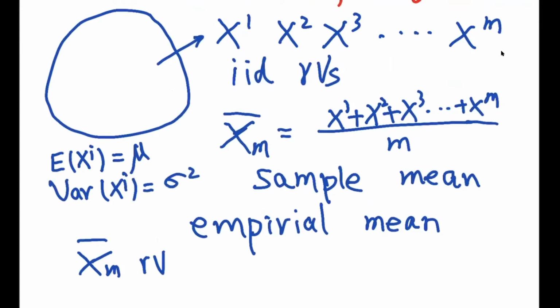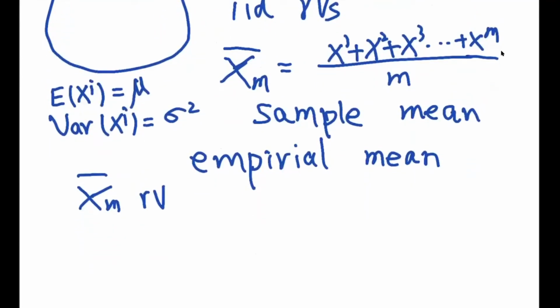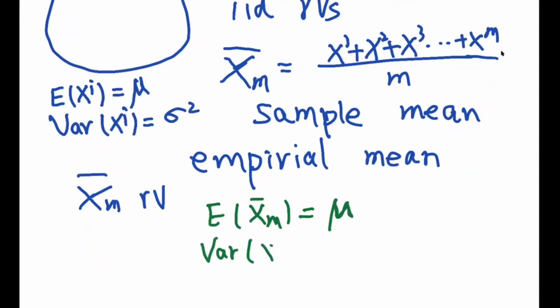And according to the definition of sample mean, we can easily calculate that the expectation of X_m bar is also mu. And the variance of it is sigma squared divided by m.